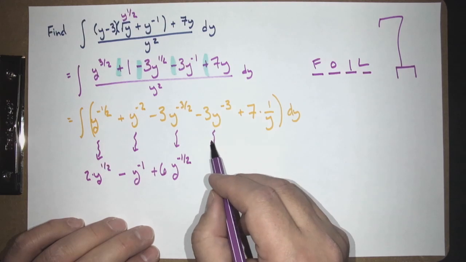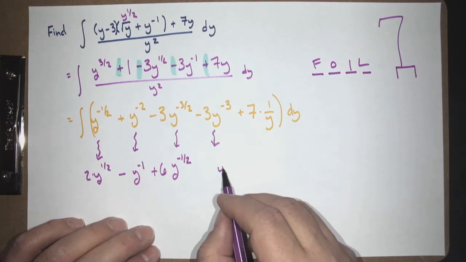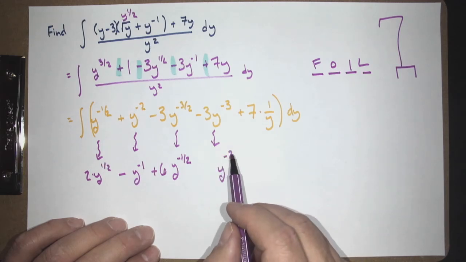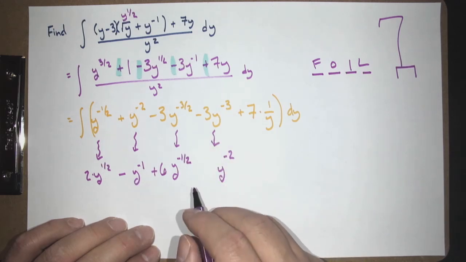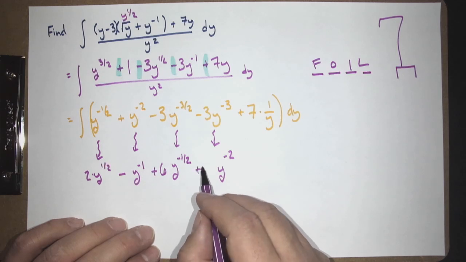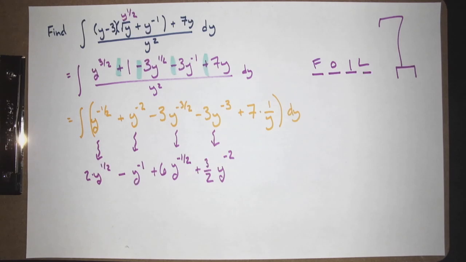Okay. Y to the -3, add 1 to your exponent. Y to the -2. And now, what's your coefficient going to be? +3/2. So you're going to multiply by the flipped over version, right? -2 flipped over is -1/2.